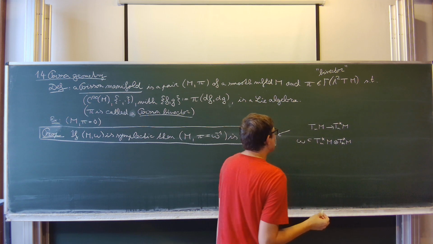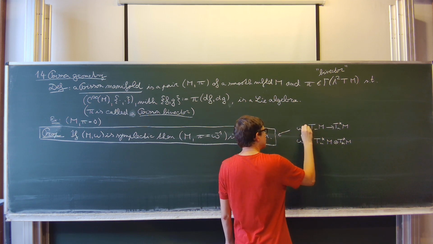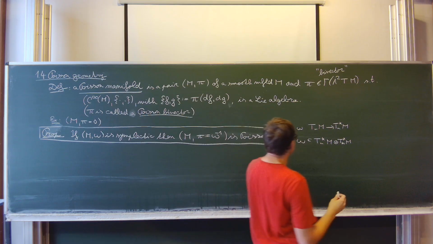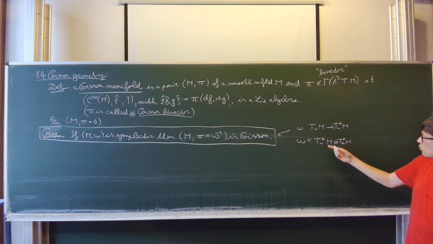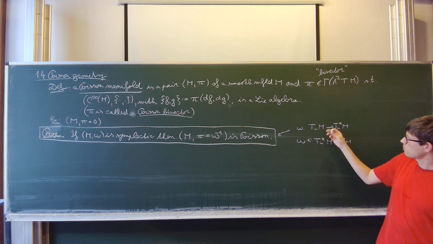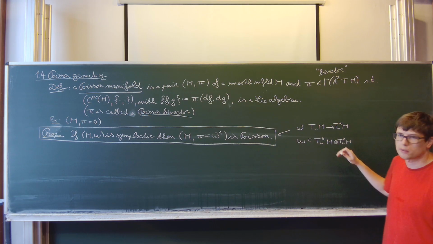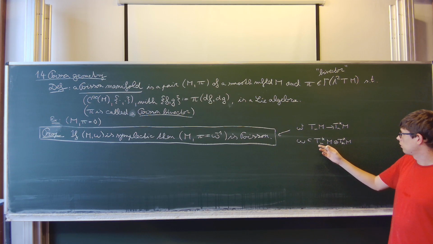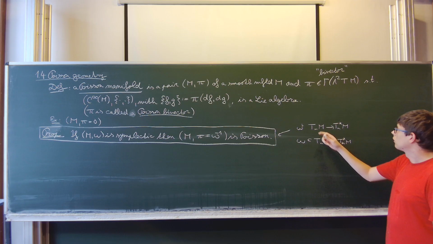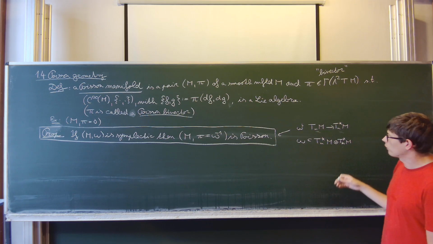I called it probably omega before, but let me now distinguish it a little bit. It's the same object, really, but here I want to see it as a map, so let me call it omega flat, because I take a vector and lower the index.